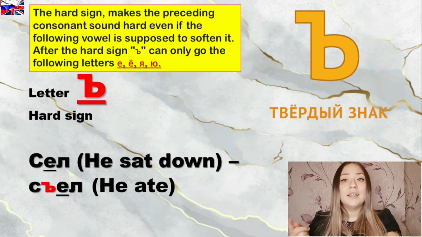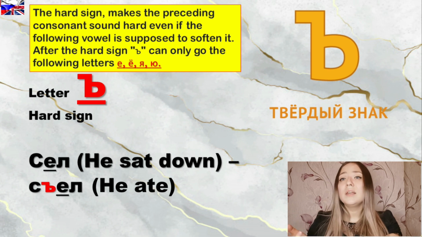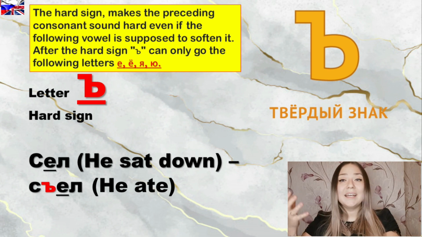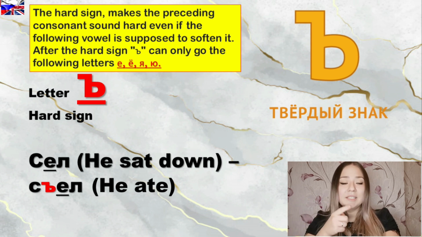After the hard sign can only go the following letters: ye, yo, ya, and yu. So why do we need it? Once again, we need it to make the preceding consonant sound hard. Now let's look at the example, and you will see why we use this hard sign.